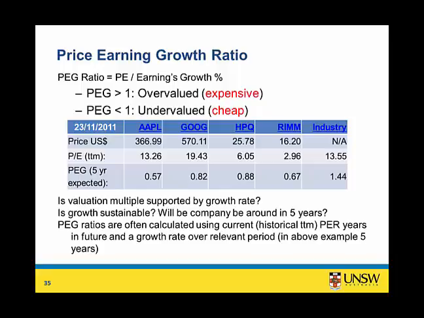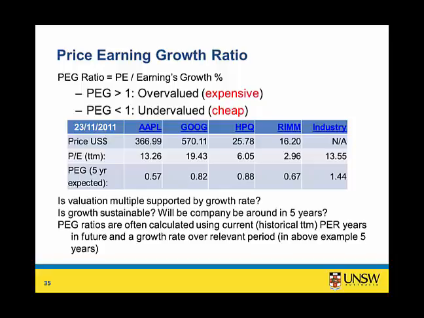So we can look at the PEG for Apple, compare it with Google, Hewlett Packard, Blackberry, and we can see that they're all under 1, less than 1, and the highest is Hewlett Packard. So we can think about the growth rate of the company.